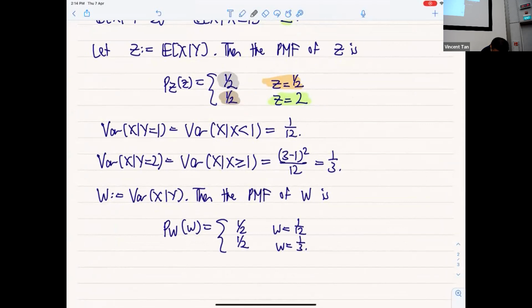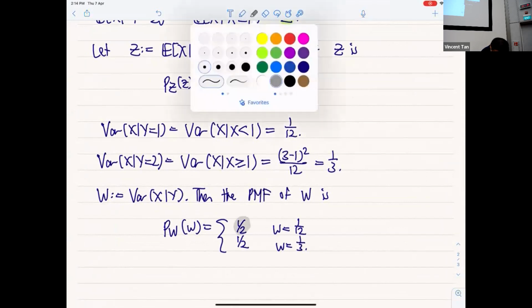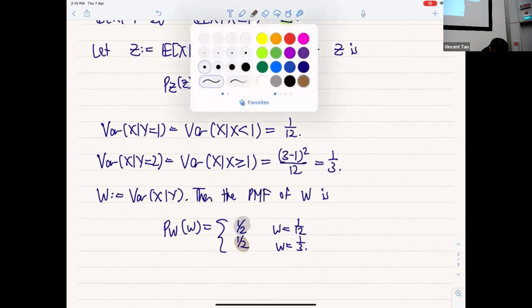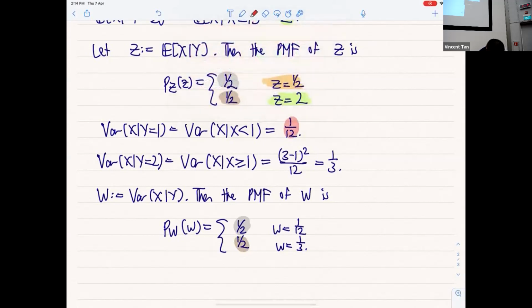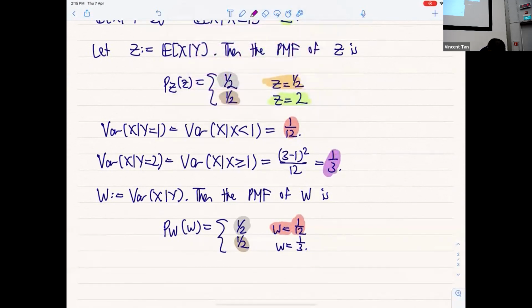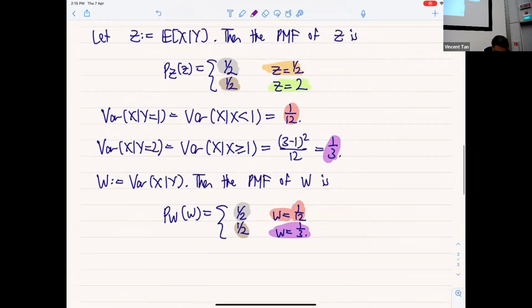The probabilities come from here, the probability of this part, and the 1/12 comes from here, and the 1/3 comes from here. Okay, so we now have the PMFs of the conditional expectation and the conditional variance.